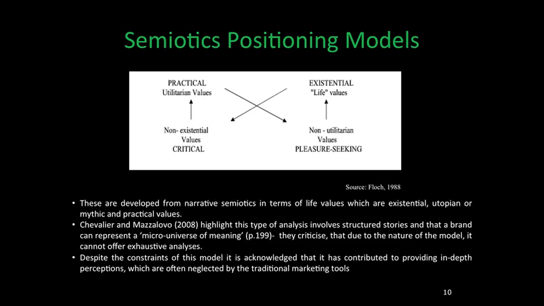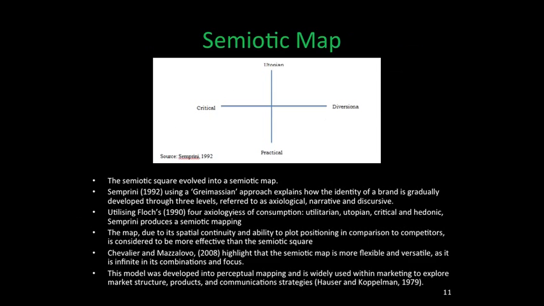This semiotic square was developed into the Semiotic Map by Andrea Semprini, and it introduces a two-dimensional graph with an ordinate axis displaying the most practical to the most utopian, and a coordinate axis which considers the most critical to the most diversionary.